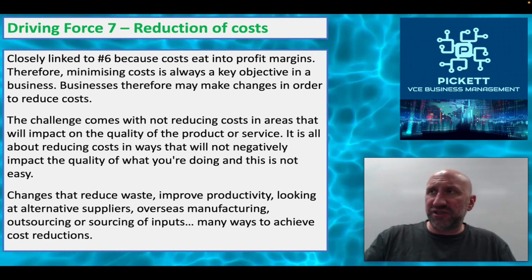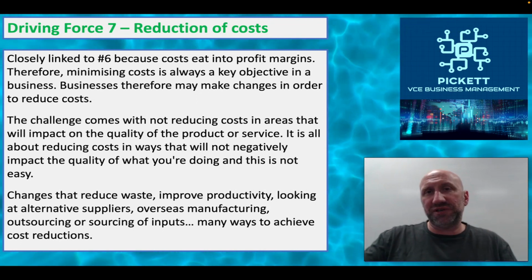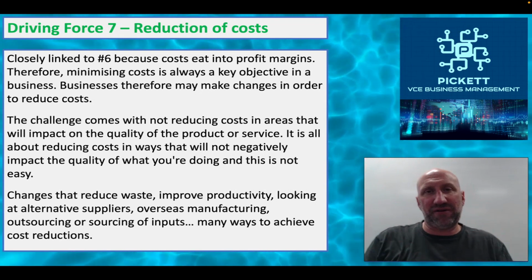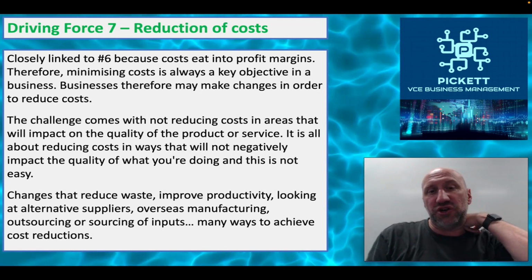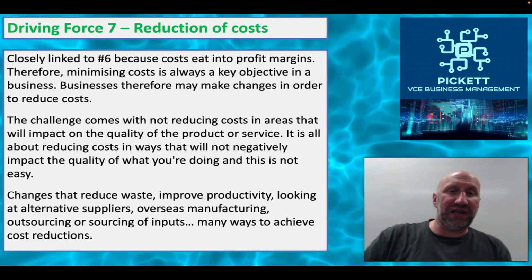Now, to save costs, they could just go, okay, we're going to get our supplies from lower cost producers, but then the quality of the food they're serving is going to be impacted. So the key here is about reducing costs in ways that are not going to negatively impact the quality of what you're doing. That is the challenge.